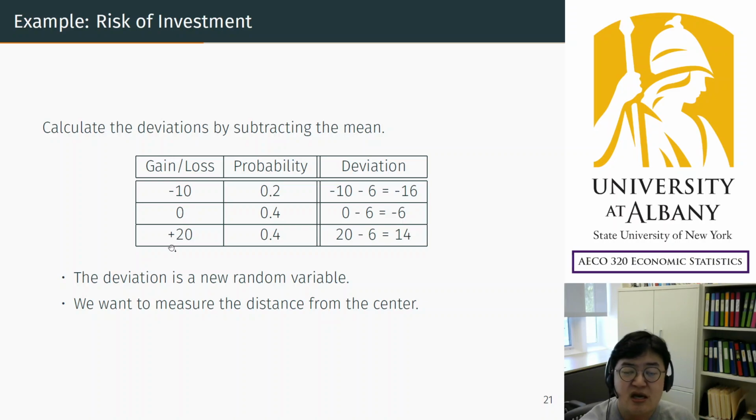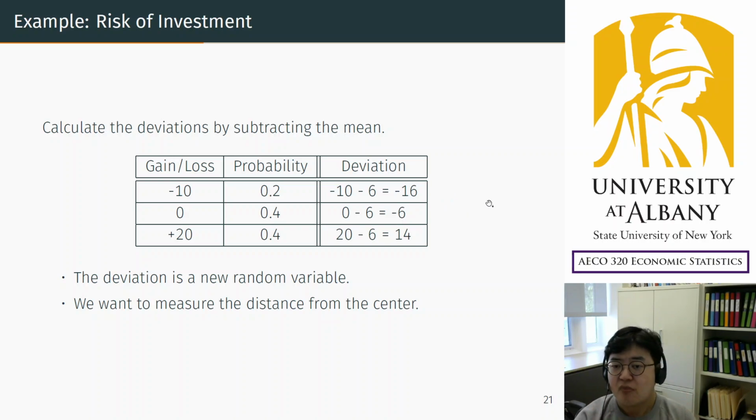Plus 20 is $14 above your expectation. So you get deviations in that way, and interpretation is straightforward, right? Given the expectation, how much you earn more or less, or how far from the center.